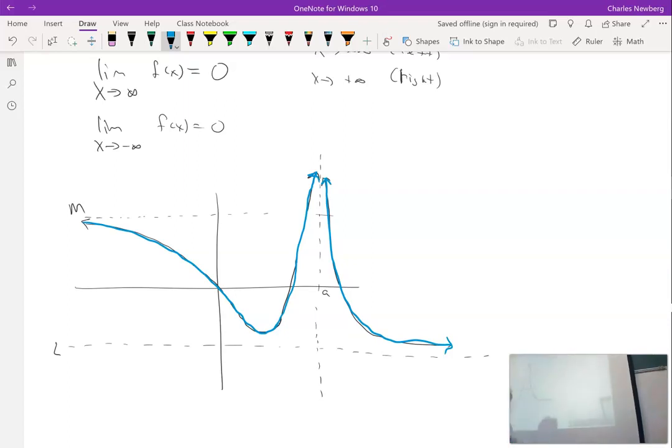All right, give you a chance to copy this graph down, then we have some questions to ask about this graph. So this is the graph of y equals f of x.